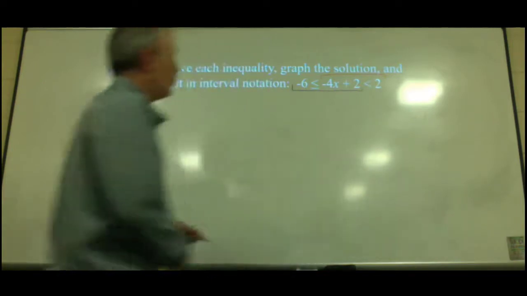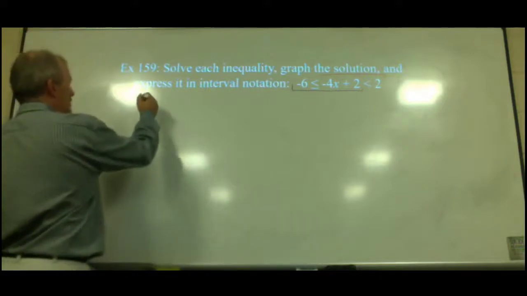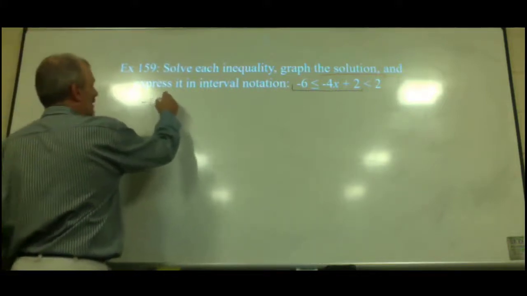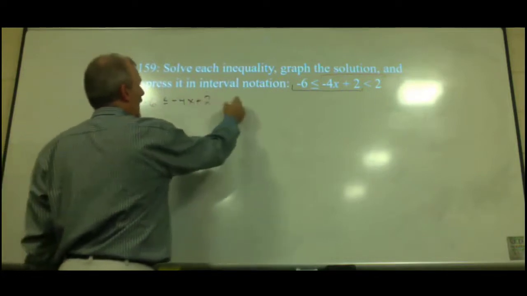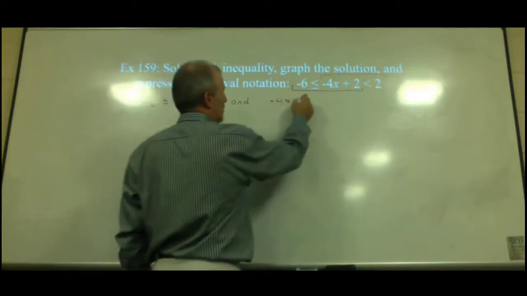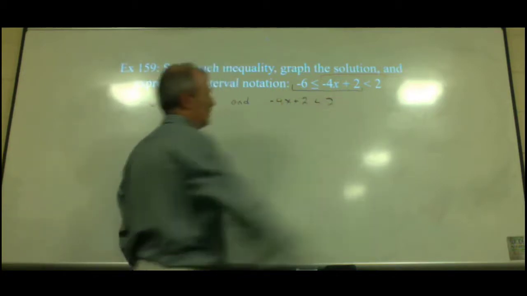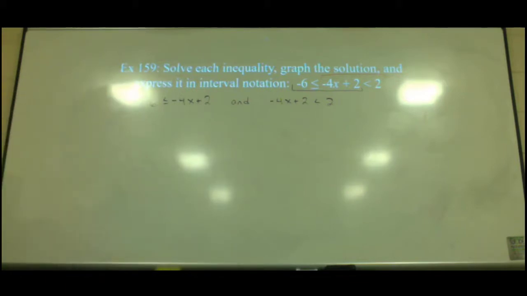Okay? Now, we've got a couple options here. One option that we have is we can actually split it up into those two statements. -6 is less than or equal to -4x plus 2, and -4x plus 2 is less than 2. Just like we did with the or statement, we can split it up into its two parts.